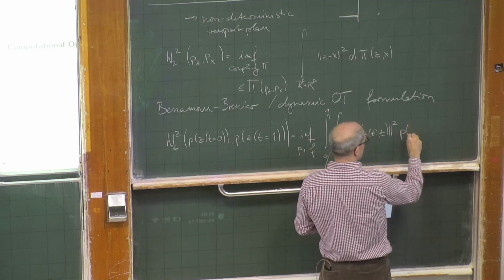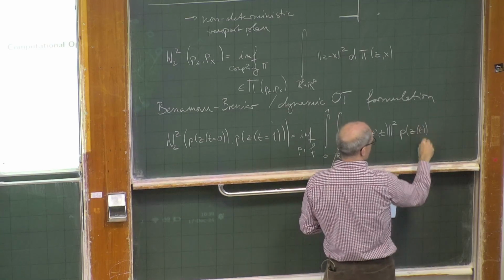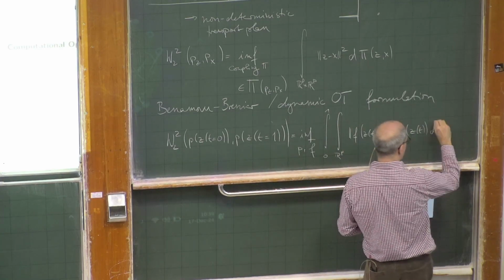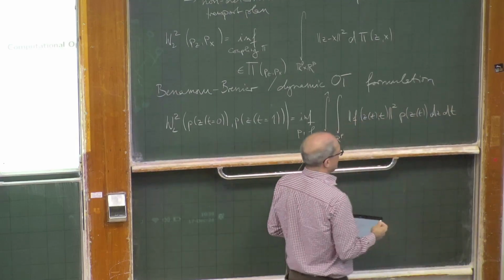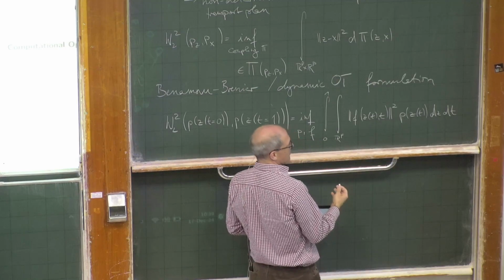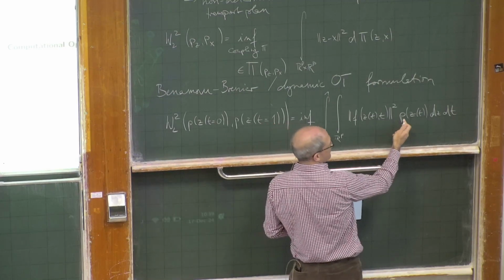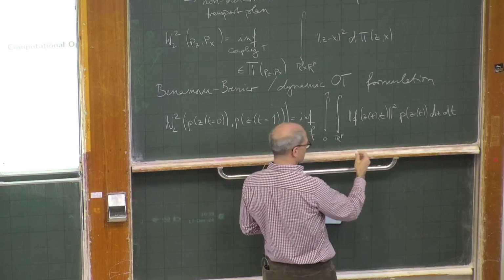I weight it with the probability density at that time. And now I must make sure that no mass is lost, because otherwise it could just decide to set the intermediate probabilities to 0.